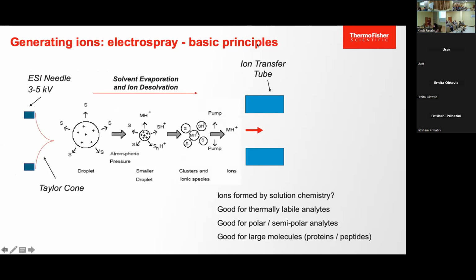This is high voltage, typically 3000 to 5000 volts, to ionize the sample. It's just like static. When your hand is too dry, you may get a static shock, and this is precisely what is happening. Nitrogen gas is used to dry the solvent, then it creates the static charge, and the compound starts to ionize. This portion is in vacuum, so the ions fly to the detector and get detected.